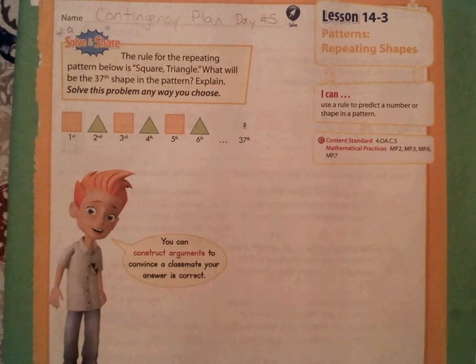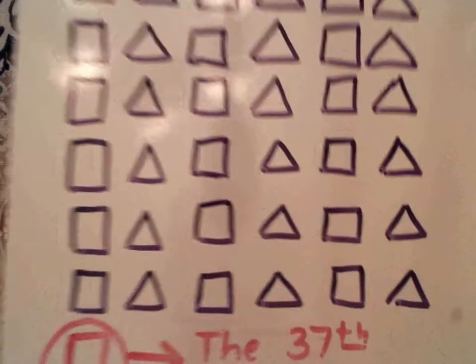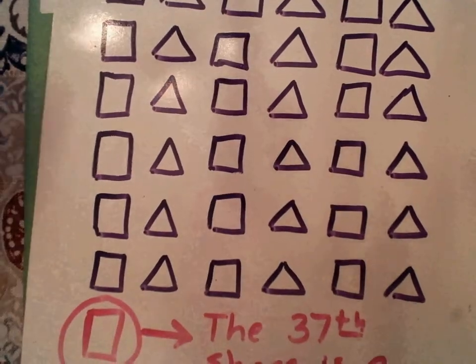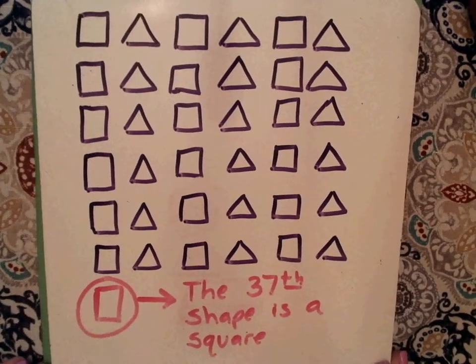Okay, welcome back everyone. There are a couple different ways that you might have attempted to solve this problem. One way is you could have just drawn out the pattern. I did square, triangle, square, triangle, square, triangle.